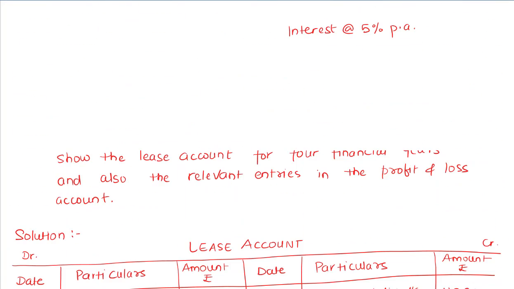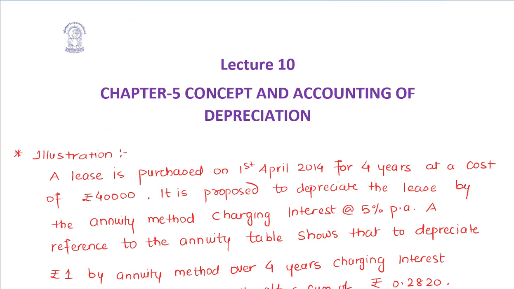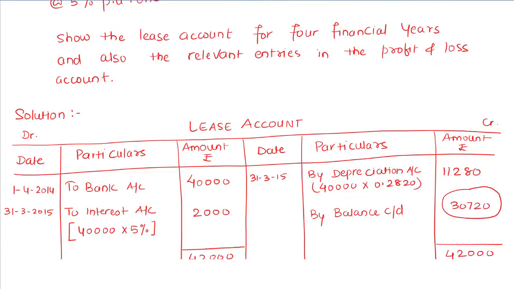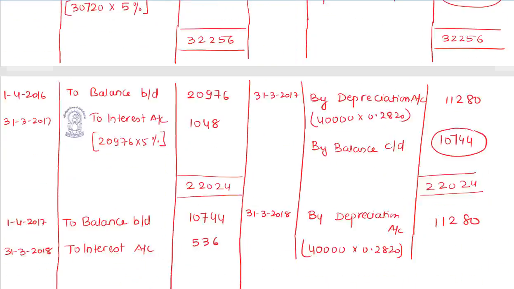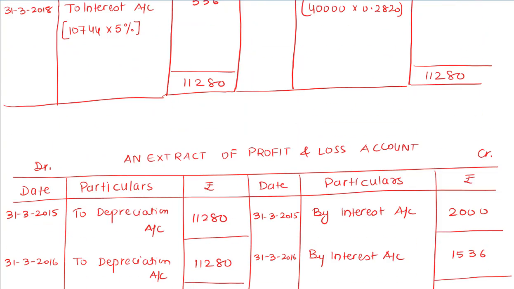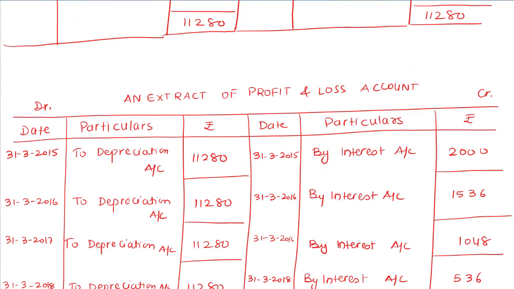We have learned how to solve the annuity method of depreciation. The amount of depreciation is same in the annuity method. And we also understood how to transfer the depreciation and charge the interest in the profit and loss account.